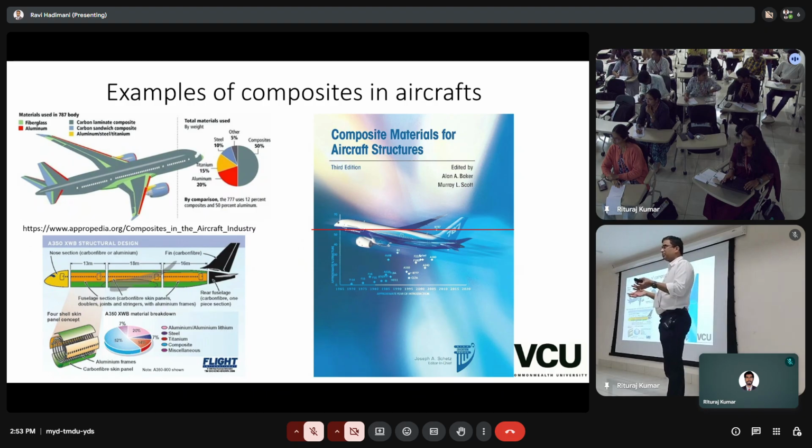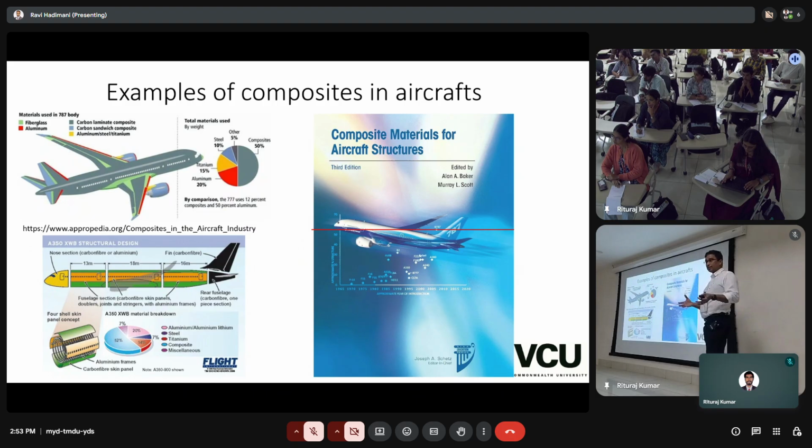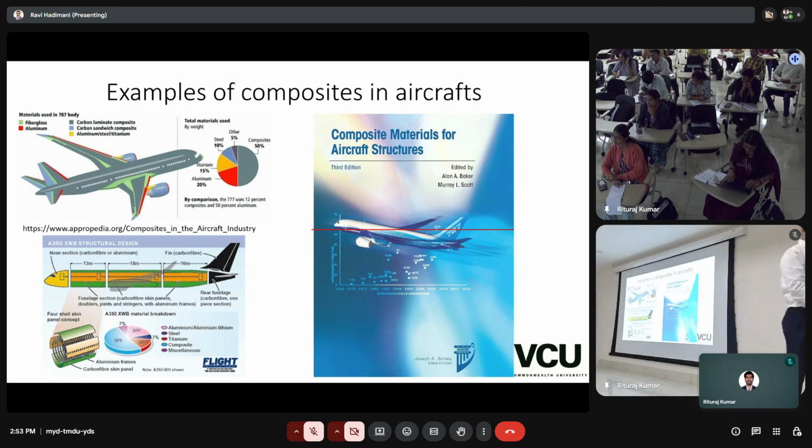The IC engine can't be composite. Right now I think IC engines are non-composite. It's alloy, some aluminum alloy. The whole body is composite, except the transmission and the wheels. Tires are composite again, right? Tires, because tires have fibers, rubber, and sometimes even the fibers can be metallic fibers as well.